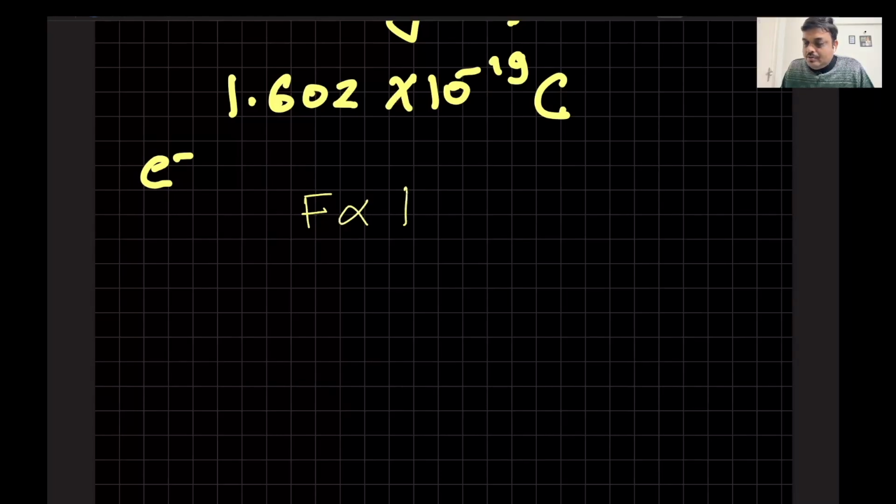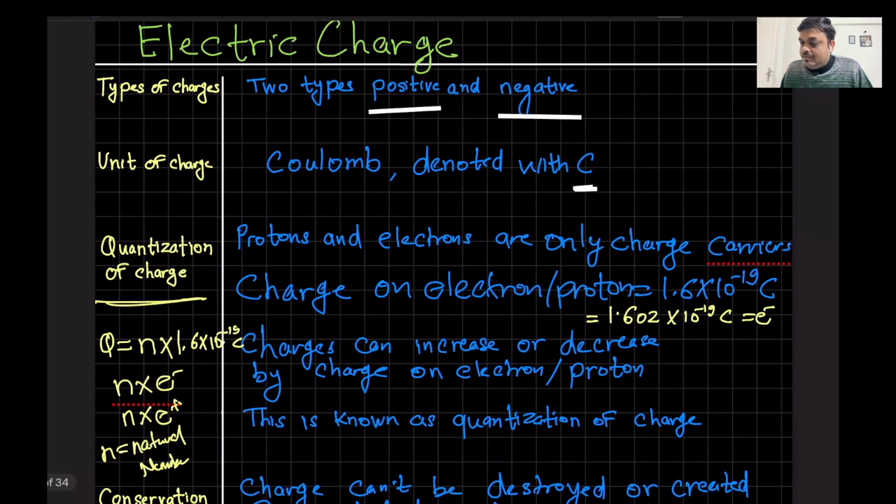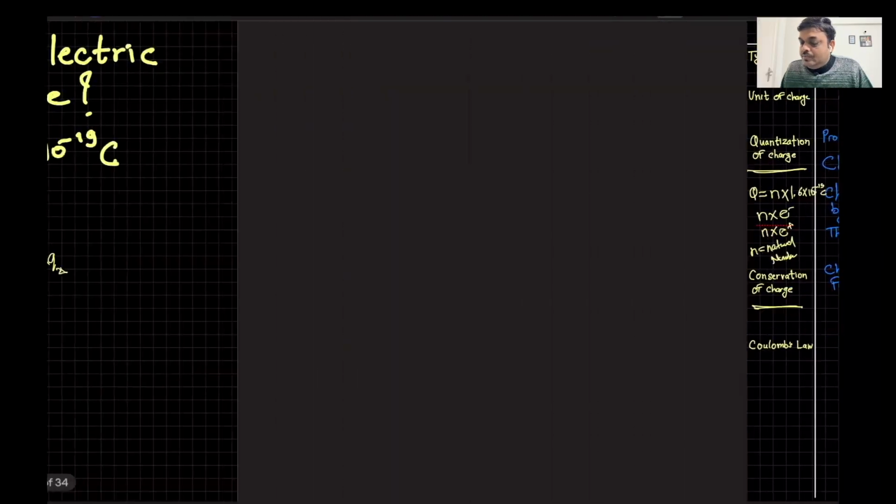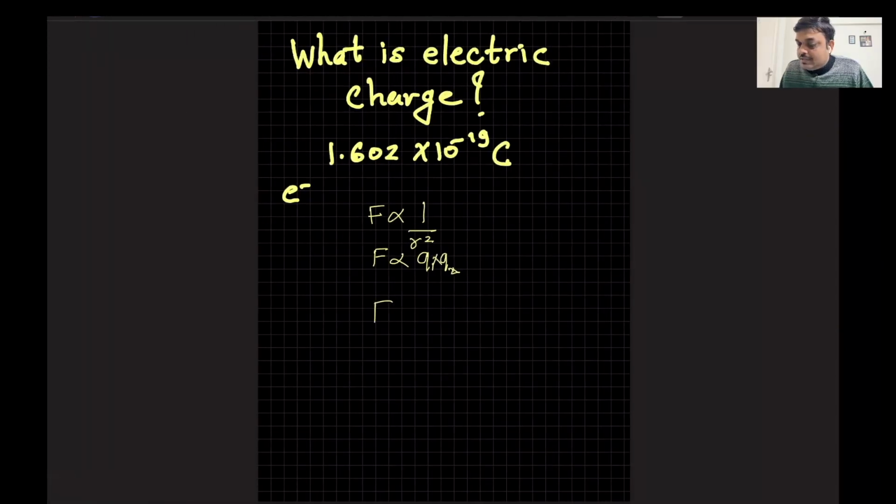What has been observed is that the force varies inversely to the square of the distance between them, which is r. So it is inversely proportional to r squared, and it is directly proportional to the product of the charges, q1 and q2. Hence we can say that it is proportional to q1 q2 divided by r squared, and we put in a constant.